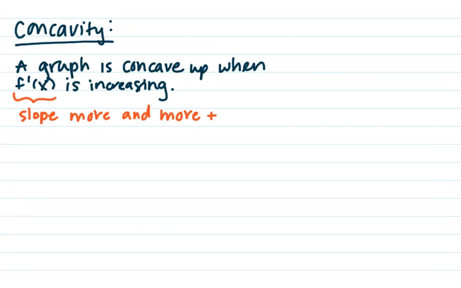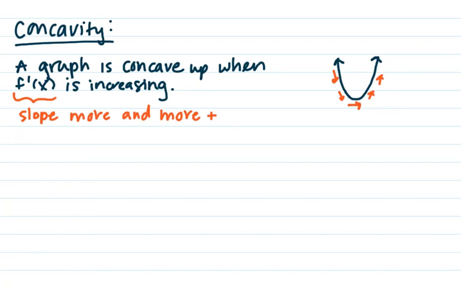The most common way we see concave up is with the upwards opening parabola. And we have this property because on the left side, as we go down to the right, these are negative slopes getting less negative till we reach a zero slope, and then the slopes continue to get more and more positive from there.